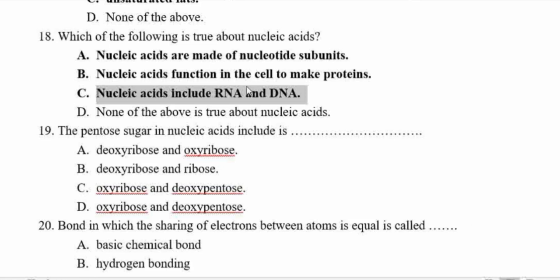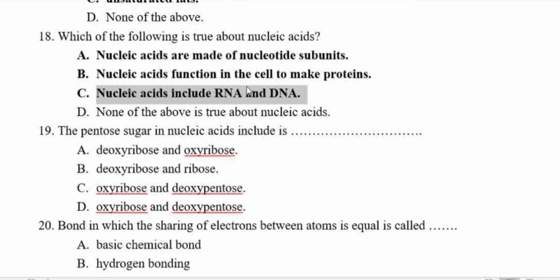RNA and DNA. Of course, in the case of viruses, we normally say that they have RNA or DNA. But note that a virus is not considered a living organism by all authorities.